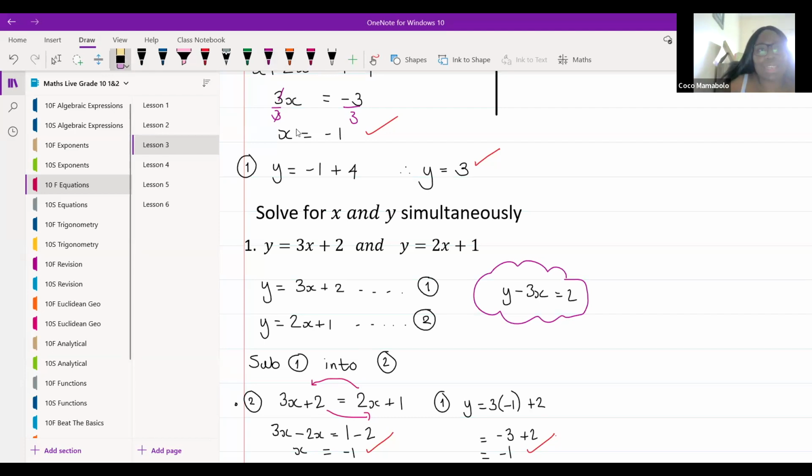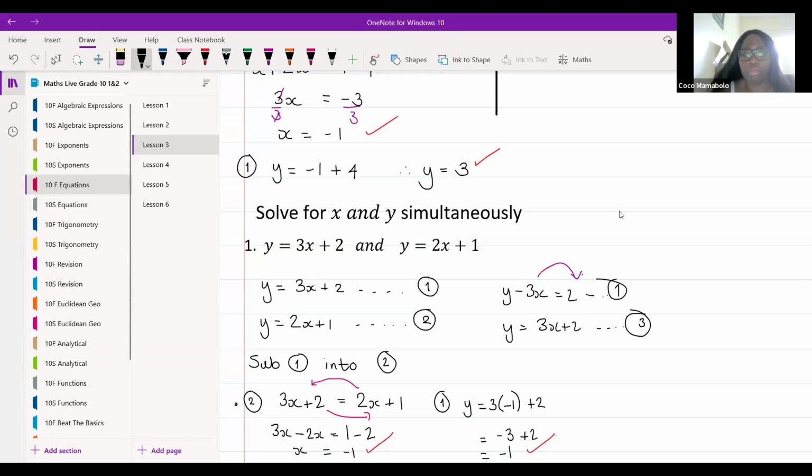So in that case, what I would do is take the -3x over to that side. And then after I've rearranged it, when I say y is equal to 3x plus 2, this then becomes equation 3 because it looks completely different to my equation 1. But in this particular equation, because we didn't have to shift things around, there's no need for me to name it equation 3. Okay.